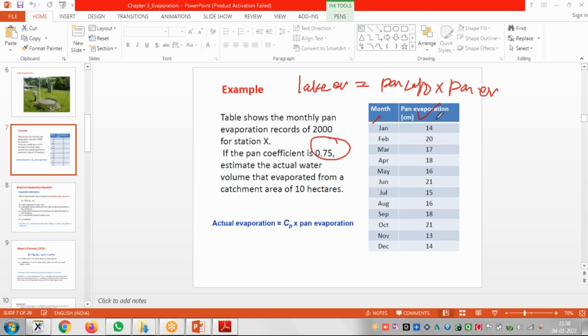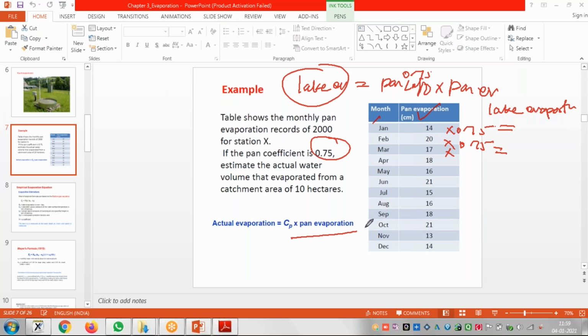Pan evaporation is given, and pan coefficient is given as 0.75. If you multiply by 0.75, you will get the lake evaporation, right? Likewise, you multiply each value by 0.75 and you will get this. This is actually already given here.